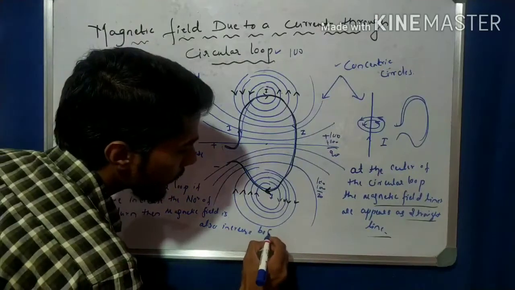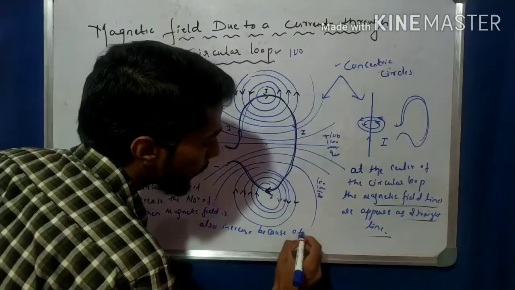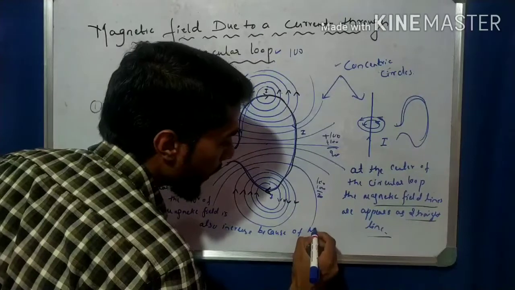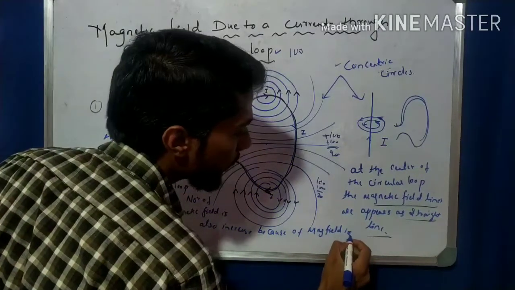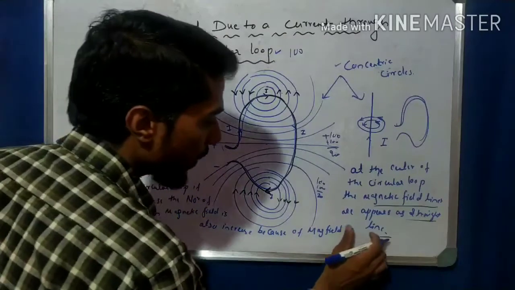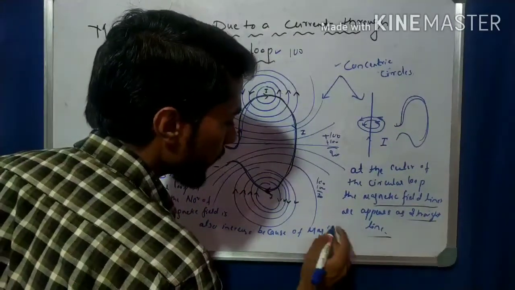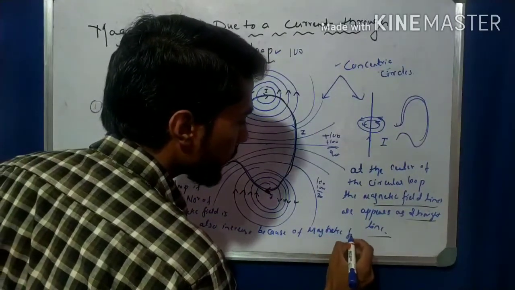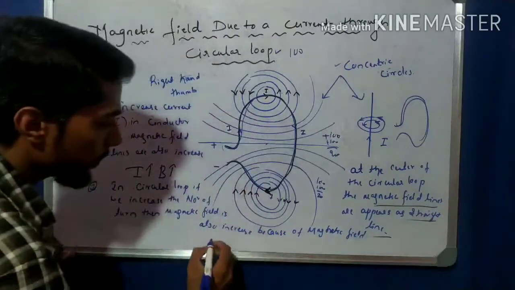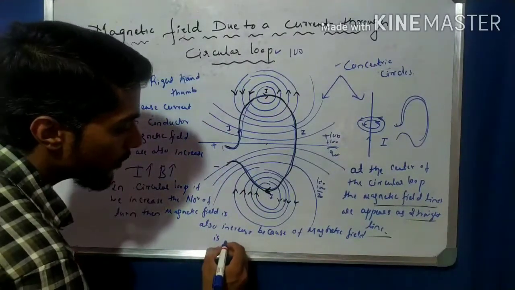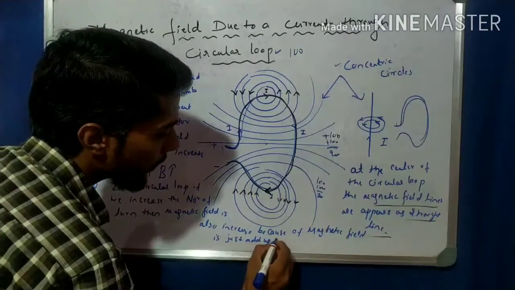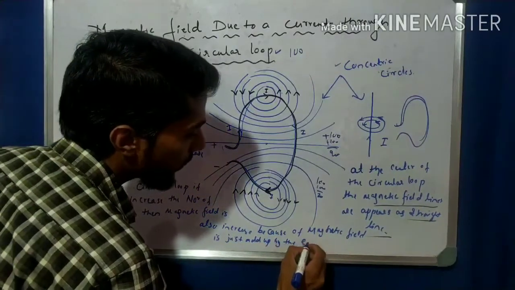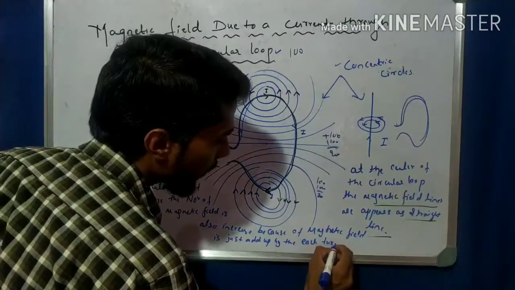Because the magnetic field is just added up by each coil, each turn.